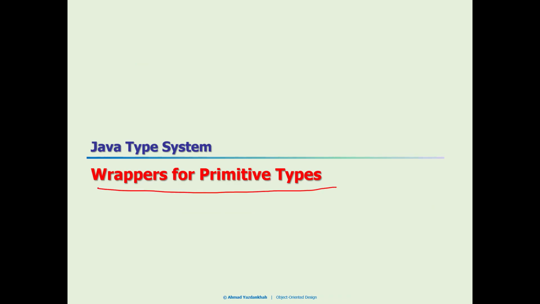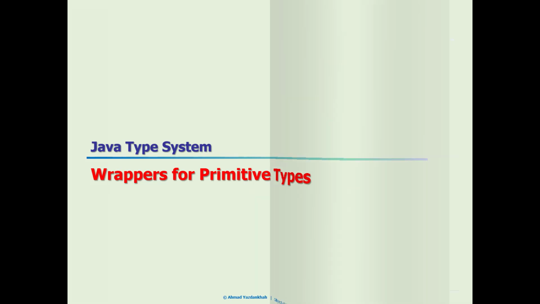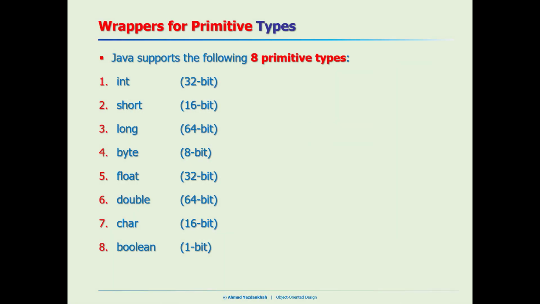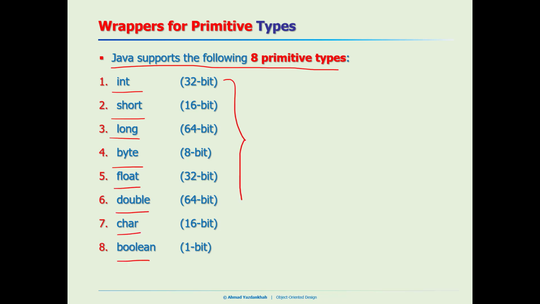Wrappers for the primitive types. So what is the wrapper for a primitive type? We know that Java supports these 8 primitive types: int, short, long, byte, float, double, char, and boolean. And here is the list of the bits that they occupy.